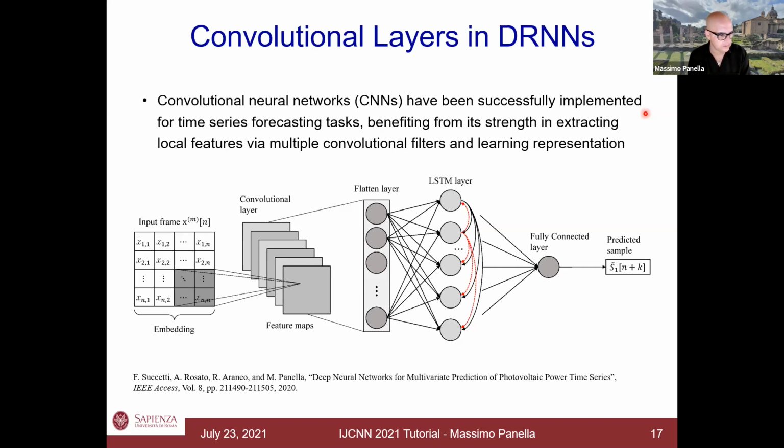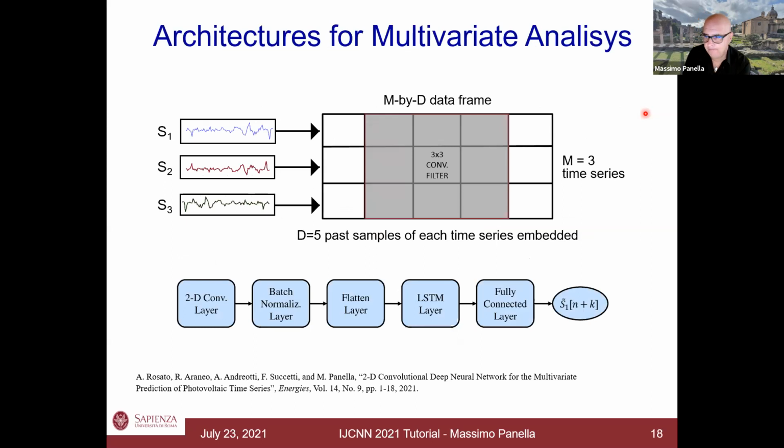I will distinguish between univariate approach, where a single time series is adopted to forecast new samples of the same time series.